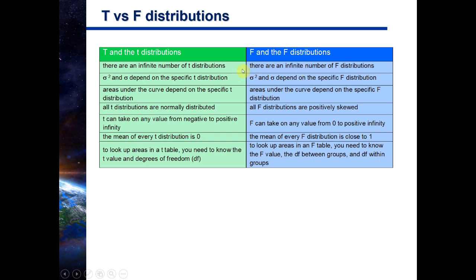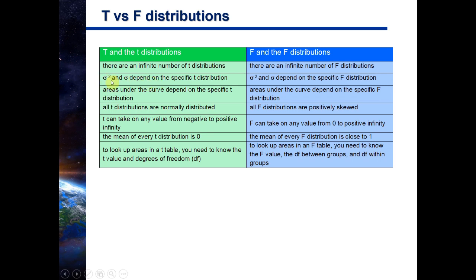All right, so let's go to the next property here. For T distributions, variance and standard deviation depend on the specific T distribution. Remember that if you want to know areas under the curve or look up critical values, you need degrees of freedom to look at the table, because the specific shape of the T distribution and how variable it is, whether it's leptokurtic or platykurtic, will depend on degrees of freedom.